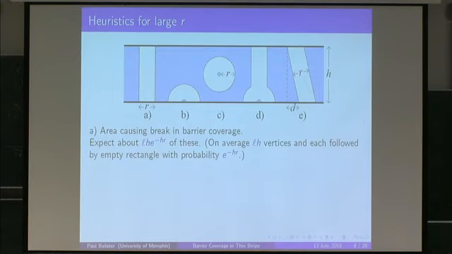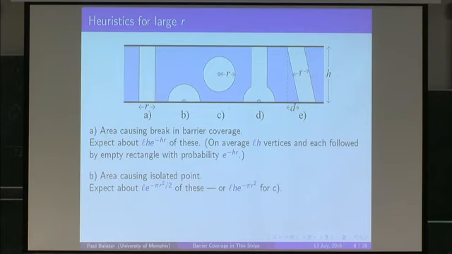Okay. Well, there are other things that can happen. So if you look at B, this area, perhaps there's just one isolated sensor that's sort of disconnected from everybody else. The chances of this happening are around about, if it's near the boundary, e to the minus pi r squared over 2.